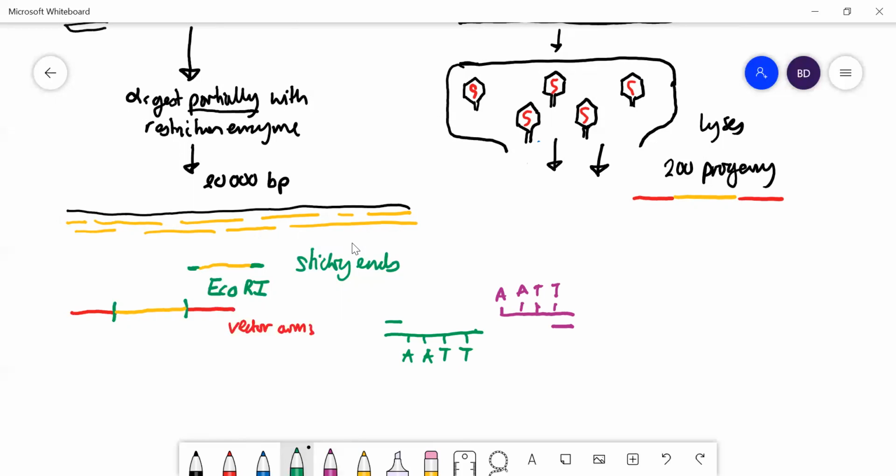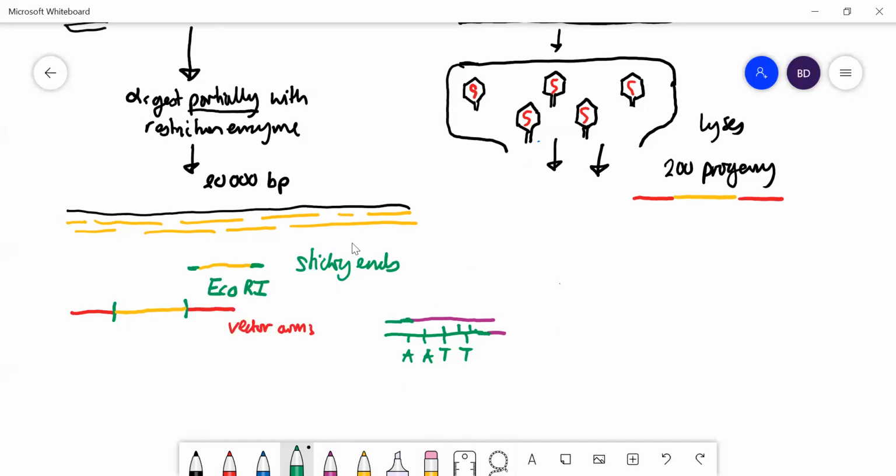Okay, so when these 2 bits come together, here, I'll just draw that, it's going to go like that. They're going to match. You're going to get base pairing in this section here. And then DNA ligase comes along, that's another enzyme, and just knits the 2 ends together.